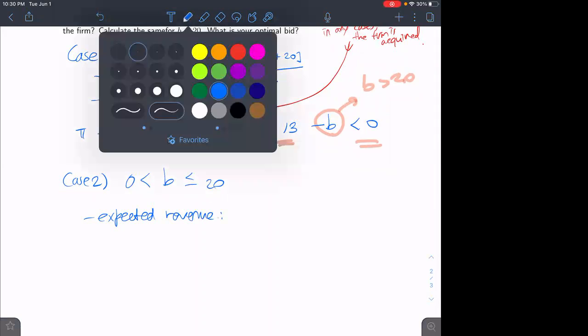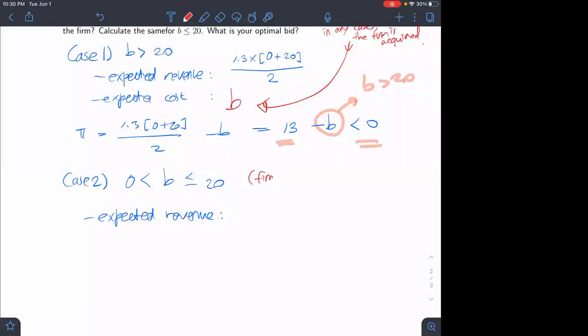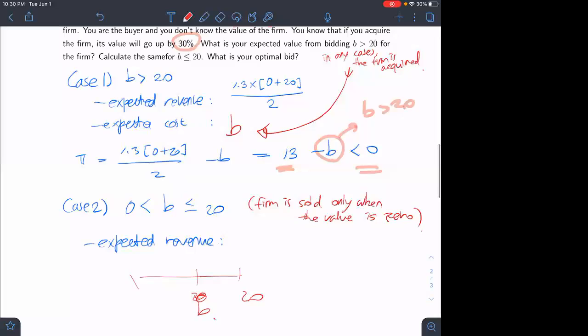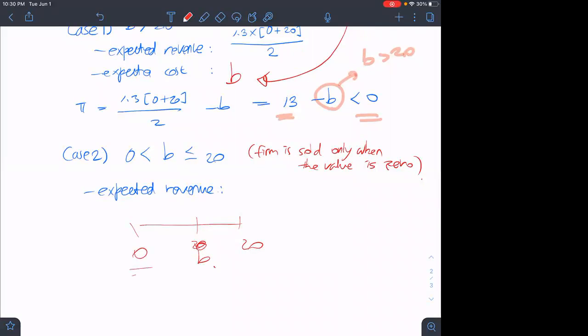Now in this case, the firm is sold only when the value is 0. Because if I bid something less than 20, so suppose that 20 is here, and suppose my bid is here, then the seller will only sell the firm if the true value is less than B. But we only have two realizations, 0 or 20.